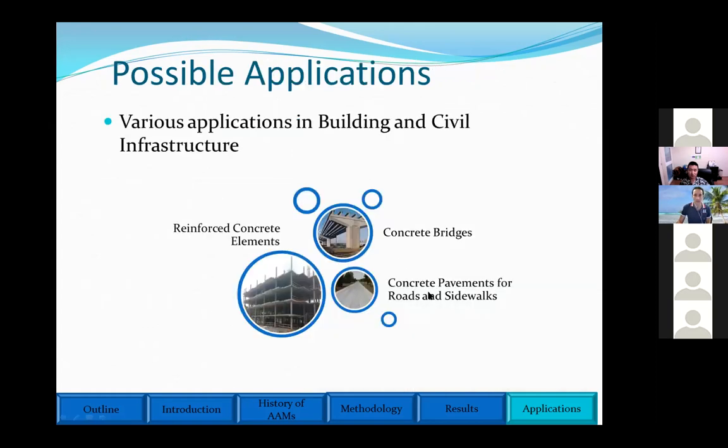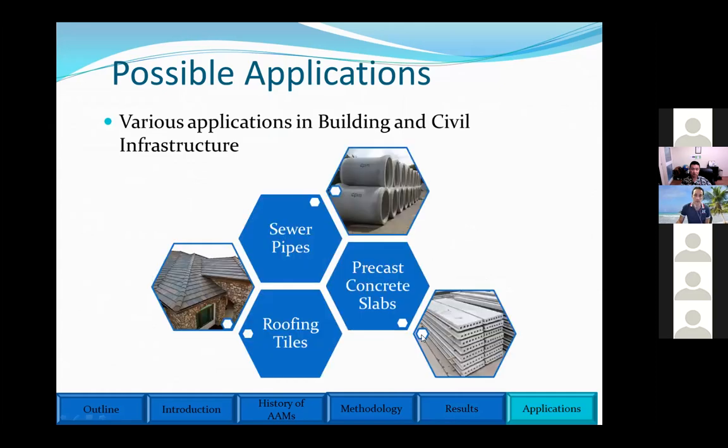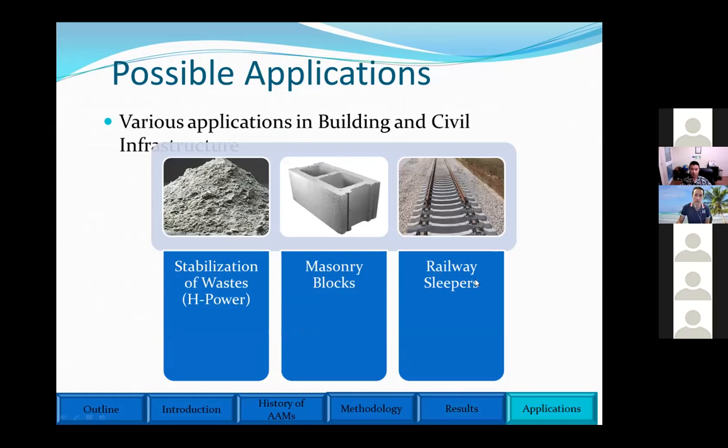But rather than what I mentioned in Hawaii, anywhere that we have structural and non-structural concrete, for example, in reinforced concrete elements for beams, columns, slabs, concrete bridges, concrete pavements, roads and sidewalks, for sewer pipes, for precast concrete slabs, for roofing tiles, for railway sleepers, for masonry blocks, wherever you have concrete.